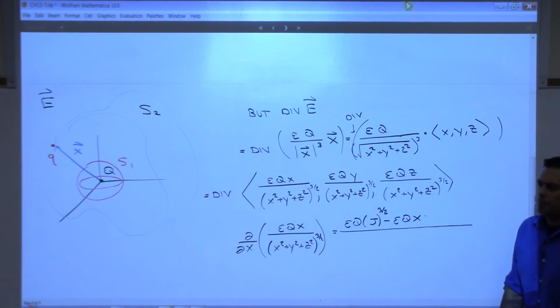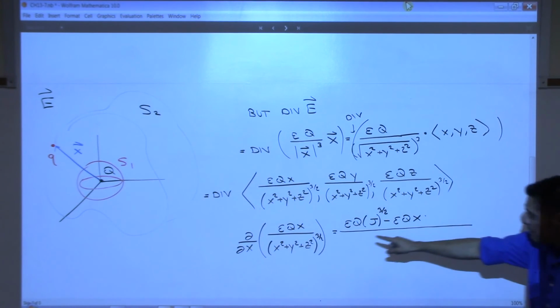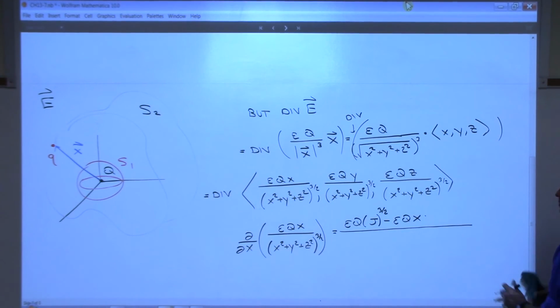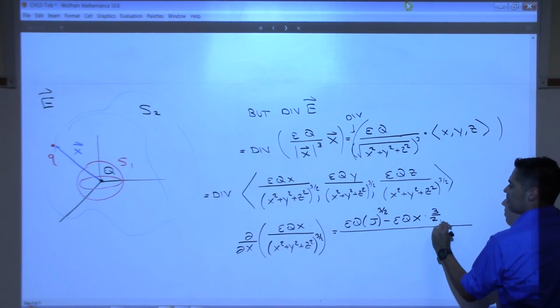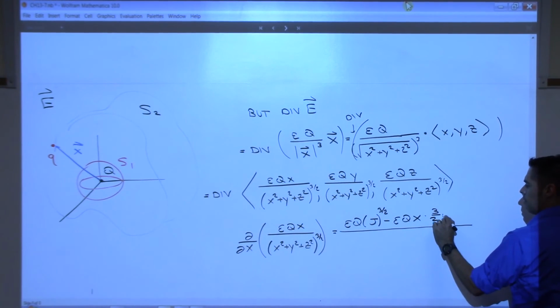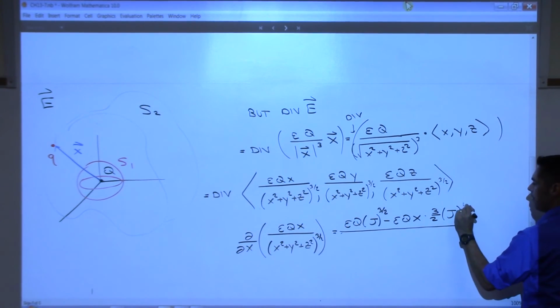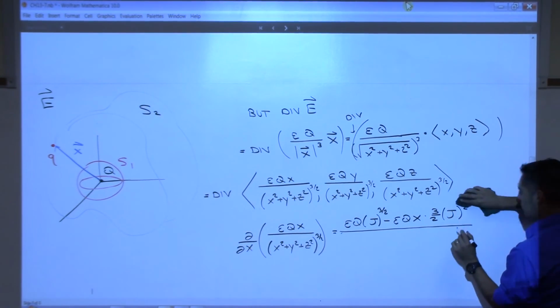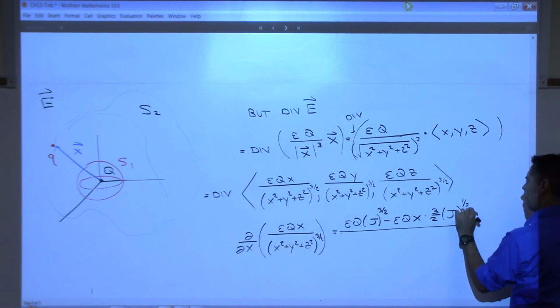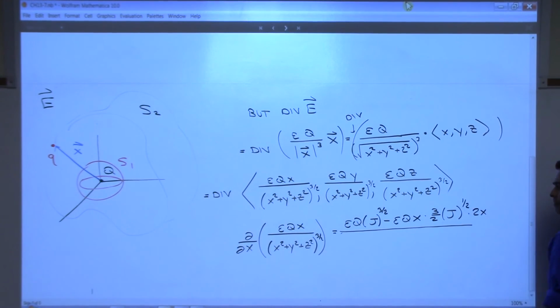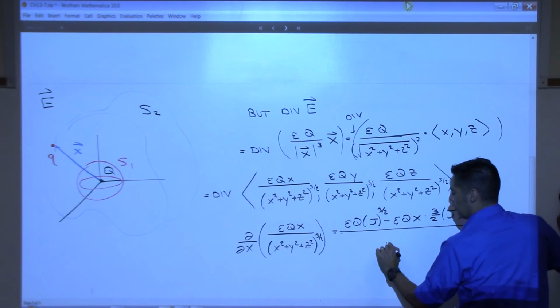Okay. We all right there? All right, well, derivative of this is 3/2 the junk to the power, the power came down, so 1/2 times 2x, all over this.